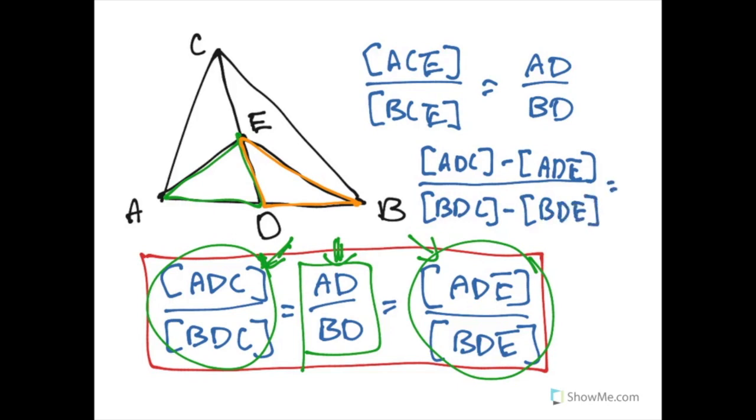And it's equal to the middle ratio, which is AD over BD. Okay? And now it's really easy to see because the area of ADC minus the area of ADE is simply the area of ACE. And similarly, the area of BDC minus the area of BDE is equal to the area of BCE. And so this theorem is proved as well.